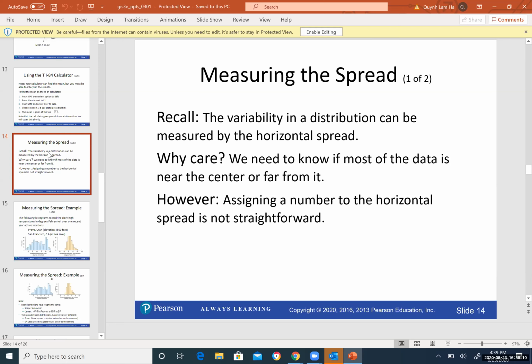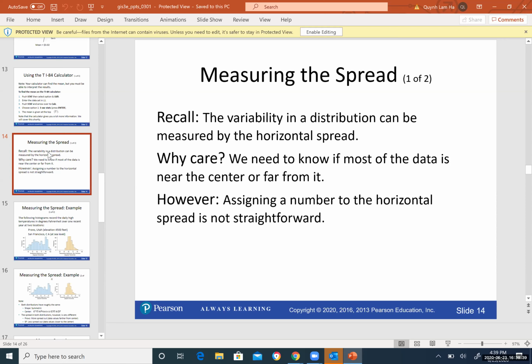More data close to the center is better because you can estimate more exactly. If the data spread away from the center more, I cannot estimate what will happen next. But if your data is close to the center, then you can.